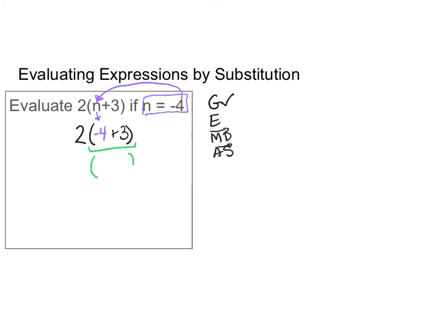I'm going to keep my grouping symbol still there. So -4 plus 3, I have more negatives, so I'm going to subtract. 4 minus 3 is 1, and I have more negatives, so it's going to be -1. If you want to see it, -4 plus 3 positives, these cancel out, and you're left with -1. And then the 2 will stay there.